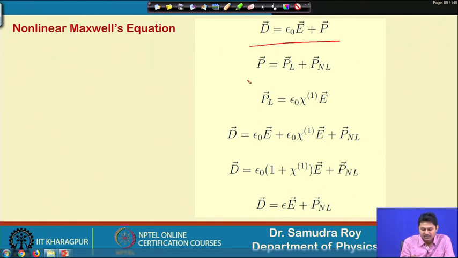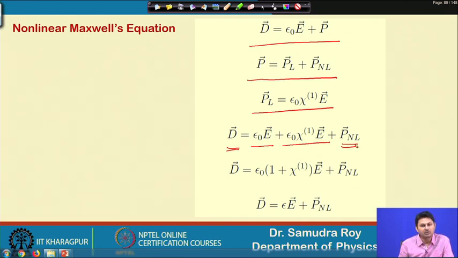Now the polarization can be divided into two parts. One is the linear part, and another is the nonlinear part. The linear part is proportional to the electric field as usual, and if that is the case, then D can be represented as epsilon 0 E plus epsilon 0 chi 1 E, which is the P linear term, and then the P nonlinear term.